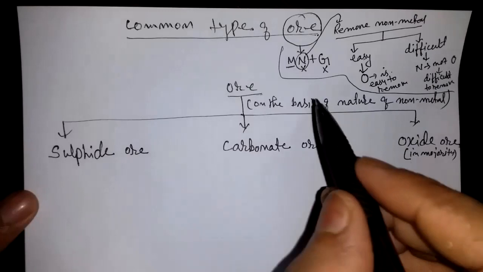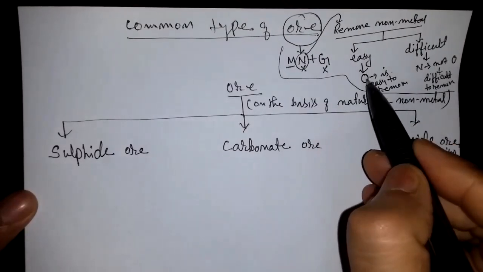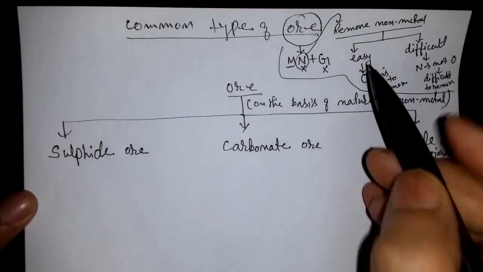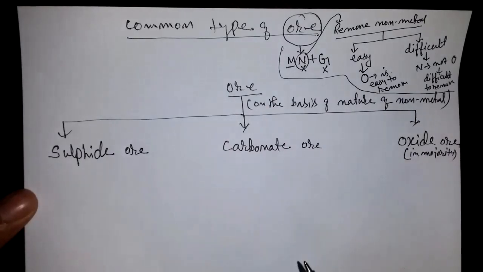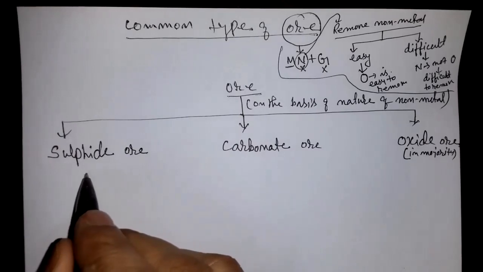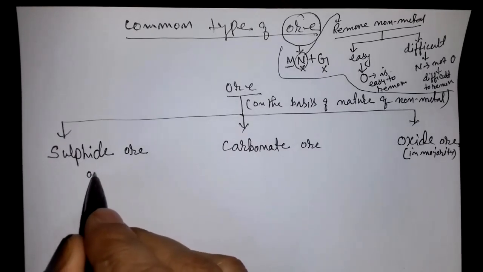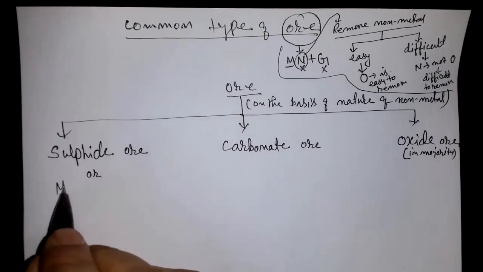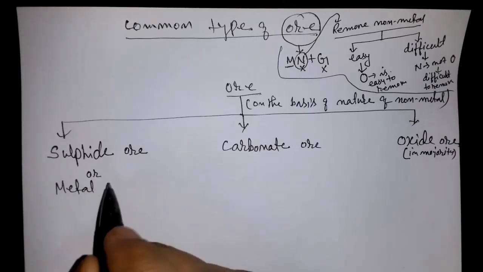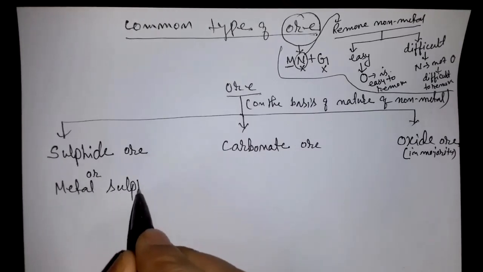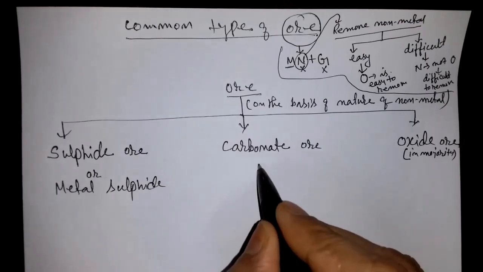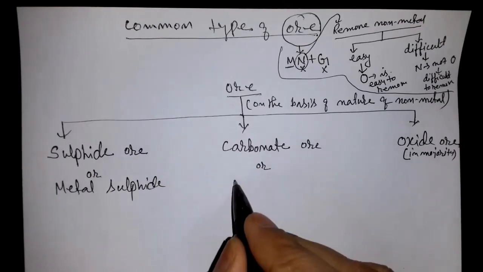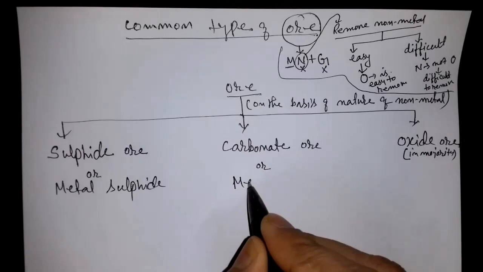That means in most ores, your non-metal will be oxygen, which is easy to remove. But sometimes your non-metal may not be oxygen; it will be some other non-metal, which we'll see. The other name of sulphide ore is metal sulphide. The other name of carbonate ore is sometimes called metal carbonate.